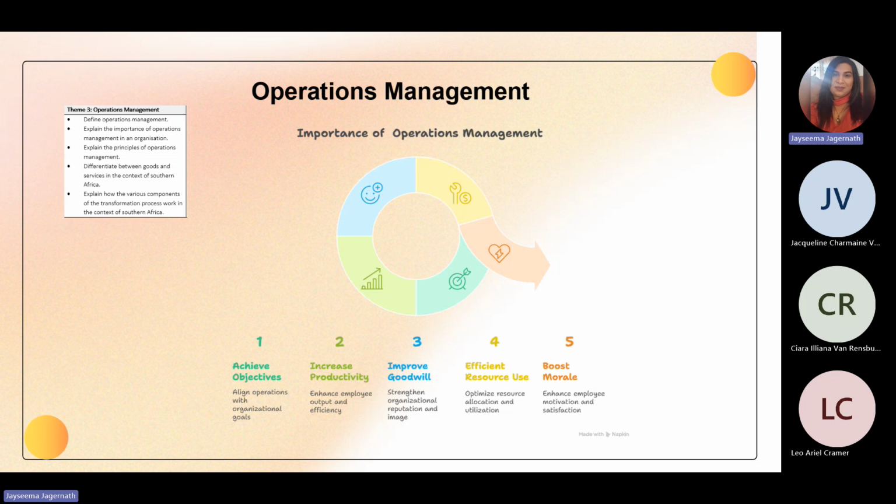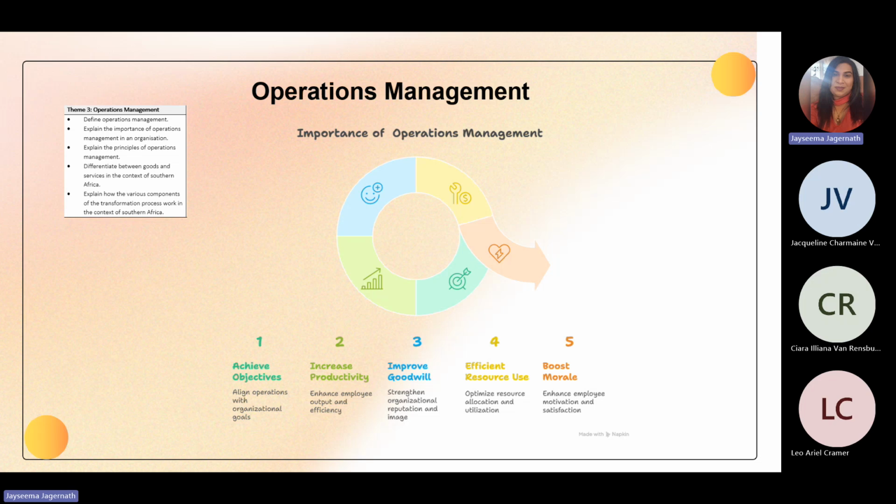It ensures that you are producing products in the best and most efficient way, so you increase productivity. Everybody in the organization knows what needs to be done, which creates a good impression. It reduces wastage and keeps up staff morale because people know what they are doing.